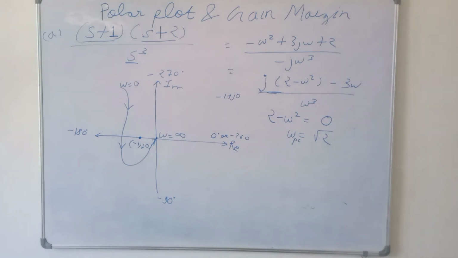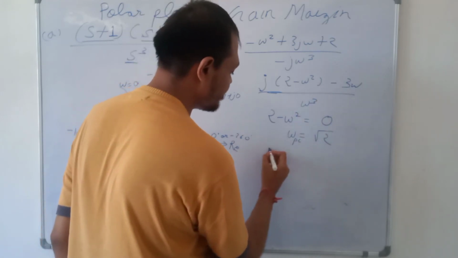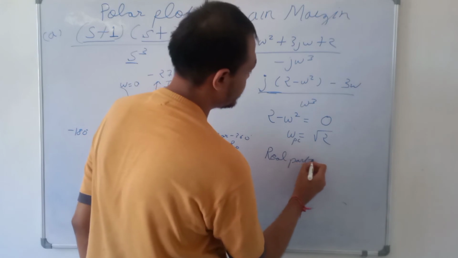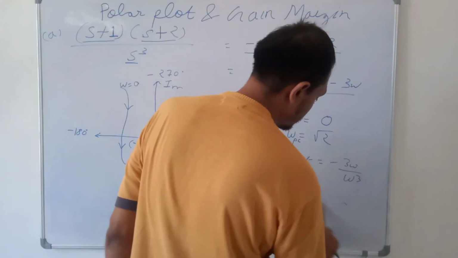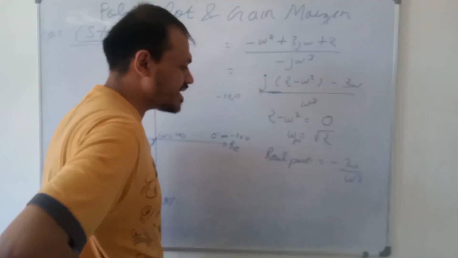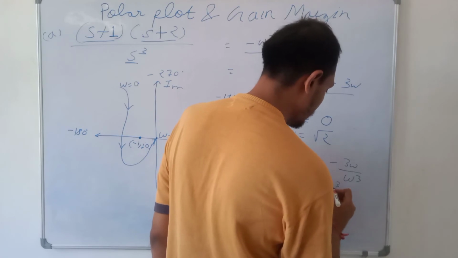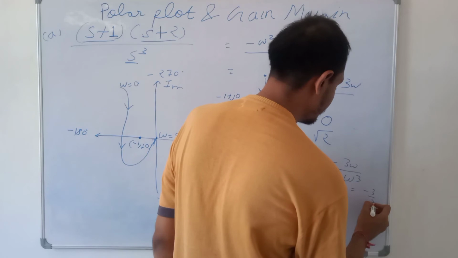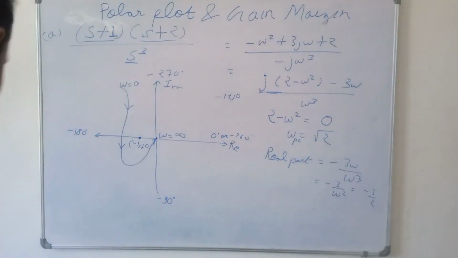Now at omega PC the real part is minus 3 omega upon omega cube. So at omega PC equal to under root 2, this will become minus 3 upon omega square. So it will become minus 3 upon 2. So the real part is minus 3 upon 2.